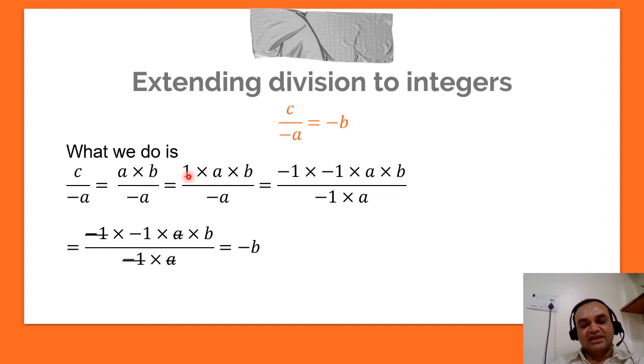So now I can write a times b as 1 times a times b, and again I can split this one into two minus ones, and I can split minus a as minus 1 times a, and we have minus 1 times minus 1 times a times b in the numerator and minus 1 times a in the denominator. And now we can just cancel the common factors. We can cancel minus 1 and we can cancel a, and we are left with minus 1 times b, and that's the answer we have.